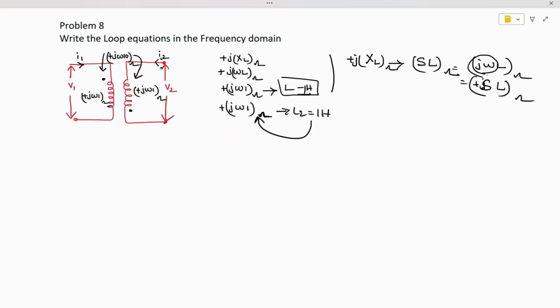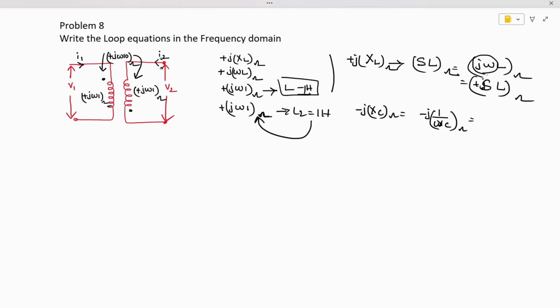Okay, so the next one is minus j XC ohms. So I can write minus j XC, where XC equals 1 by omega C ohms. Okay, so this is how to write it down.